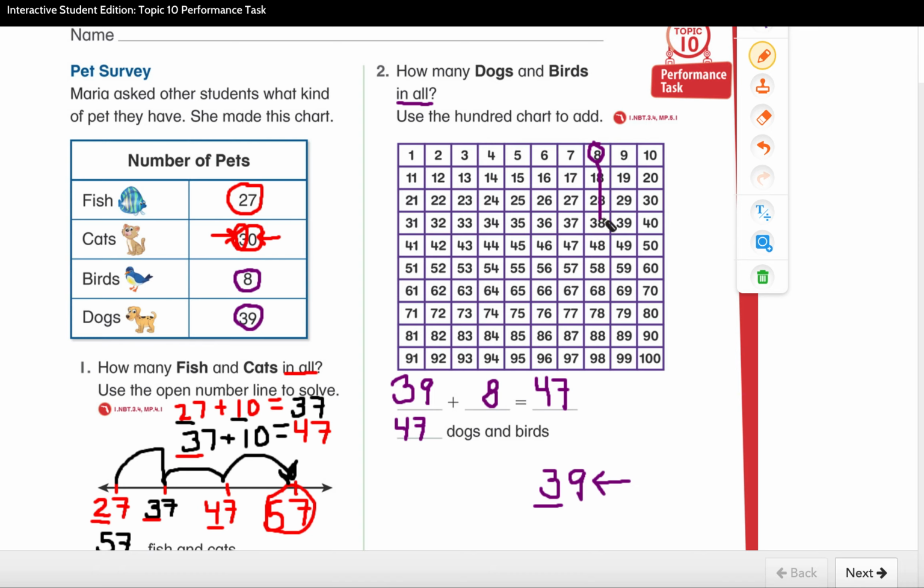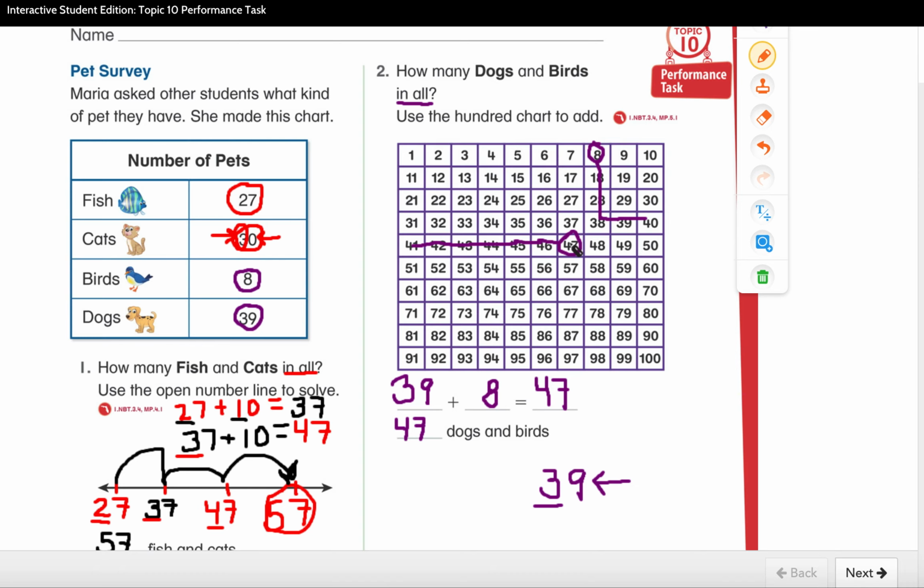So now we got to add 9. So let's do that now. 1, 2, go all the way over, 3, 4, 5, 6, 7, 8, 9. And what is our answer? It is still 47.